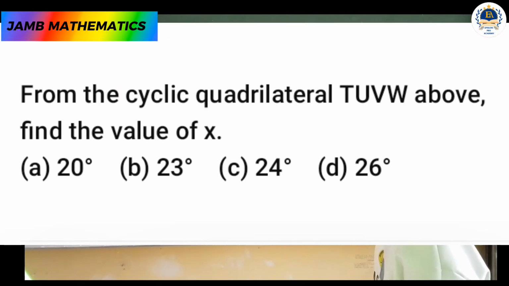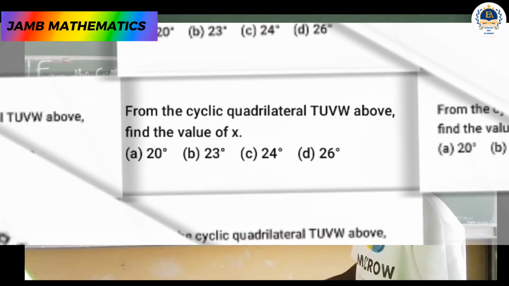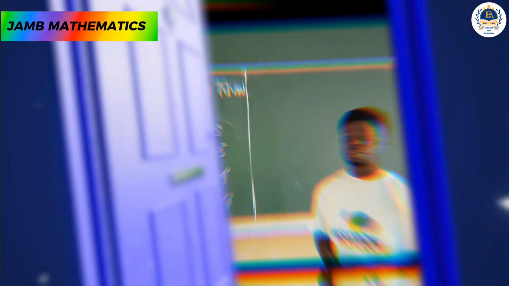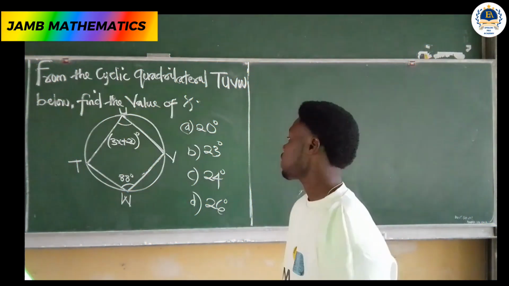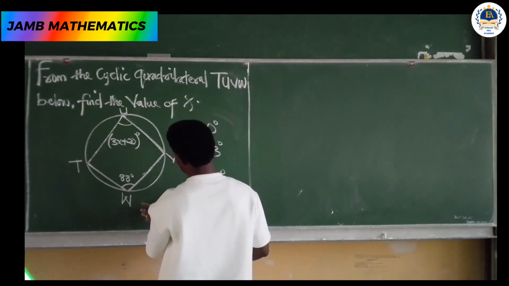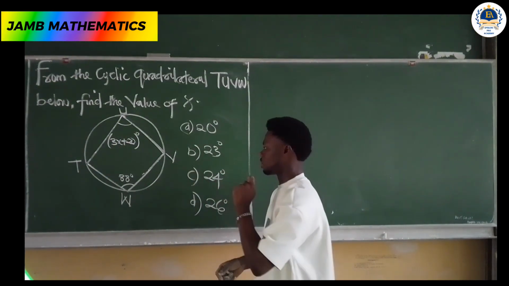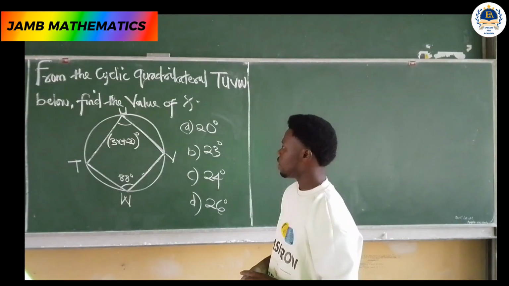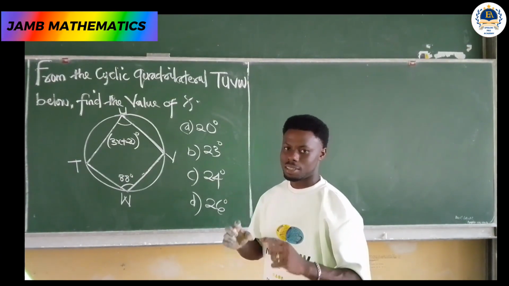From the cyclic quadrilateral TUVW below, find the value of x. Okay, the diagram is represented below. On the diagram, we have TUVW representing all the angles, and there is a quadrilateral lying inside the circle.